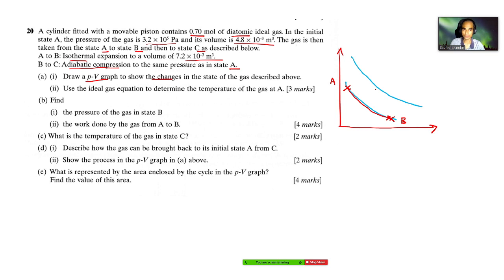As the isotherm, it means that it's the same temperature. So A to B, I put the arrow. This is A to B.